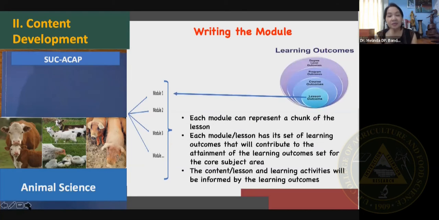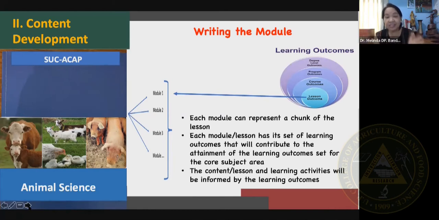Okay. So, susulat na natin yung mga module natin, no? So again, balik tayo doon. Each module corresponds to a lesson and therefore, we will now look at the learning outcomes for the lesson or the module. So each module can represent a chunk of the lesson or a chunk of the content.